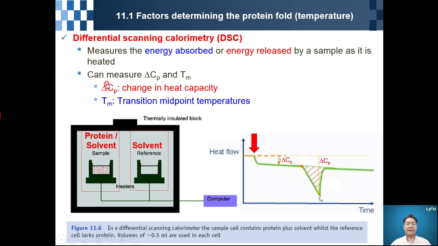Delta Cp means the change in heat capacity because the sample absorbed the energy. So delta Cp is increased, and at the Tm point delta Cp is highest, like this.